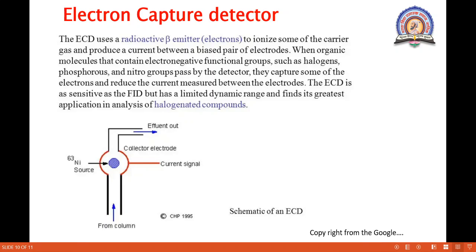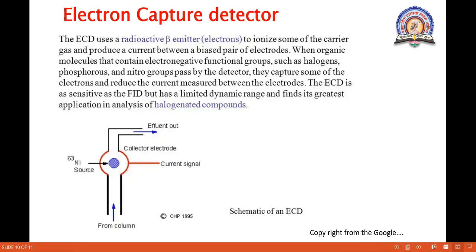Two electrodes are on either side of the emitter, connected to an ammeter to record the current in the circuit. This ECD uses a radioactive beta emitter, that is electrons, to ionize some of the carrier gas and produce a current between a base pair of electrodes.